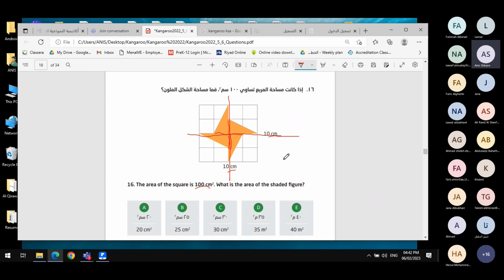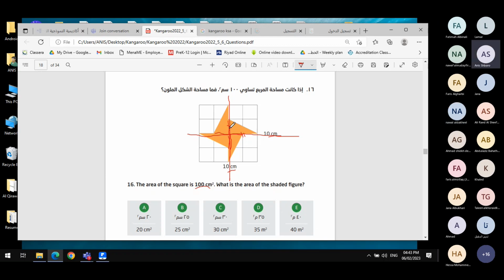And what is the area of a triangle, a right triangle? I'm going to revise it for you. So it's this side times this side over 2.